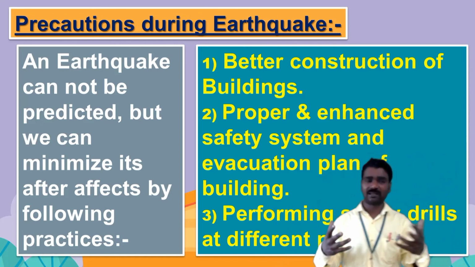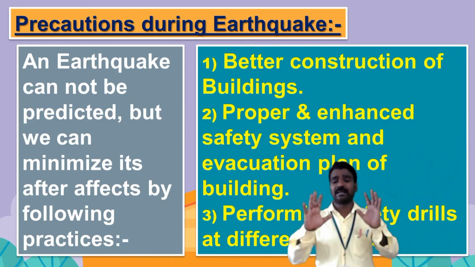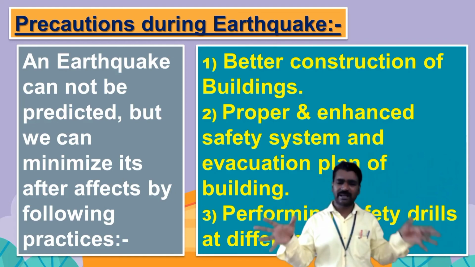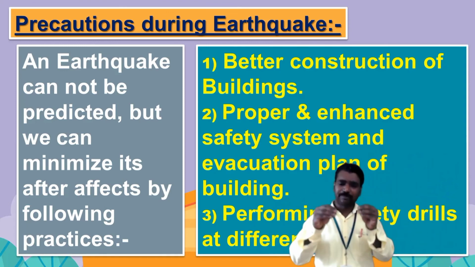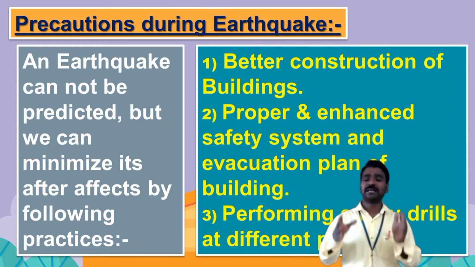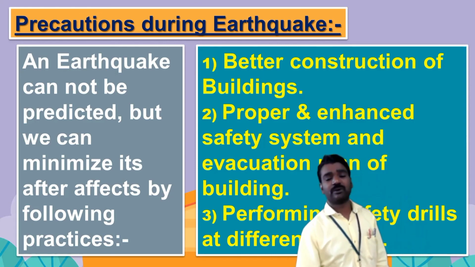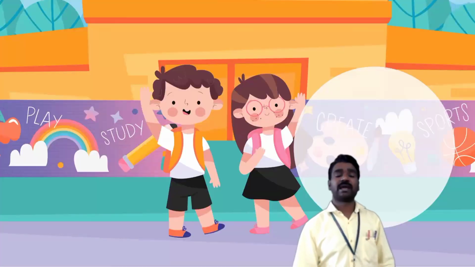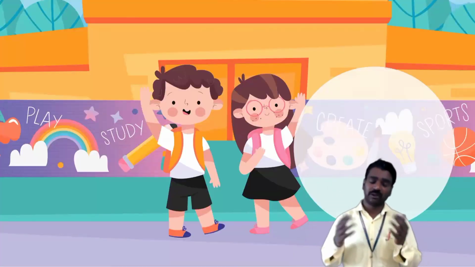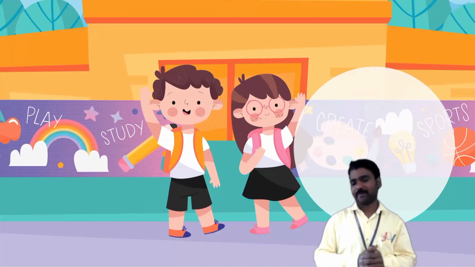Safety drills mean what a person should do if suddenly an earthquake happens. That kind of training and practice should be conducted in the form of safety drills. So these are all precautions one should take during the earthquake or before the earthquake happens.